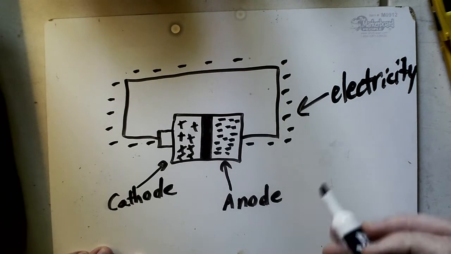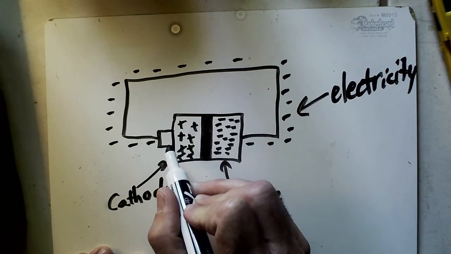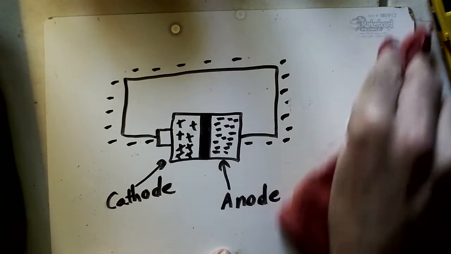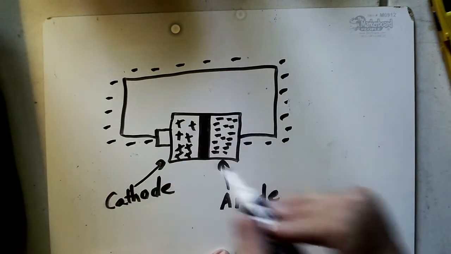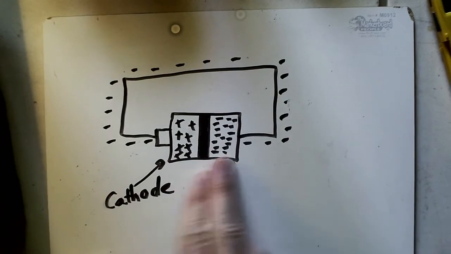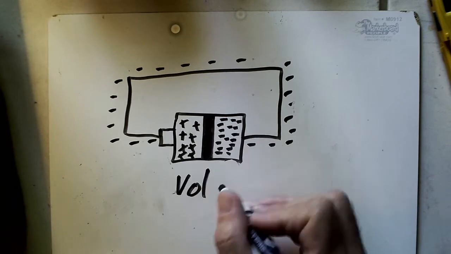Now this flow is called electricity. Now this potential energy in the battery, this potential to move the electrons from one place to the other, that is the voltage.